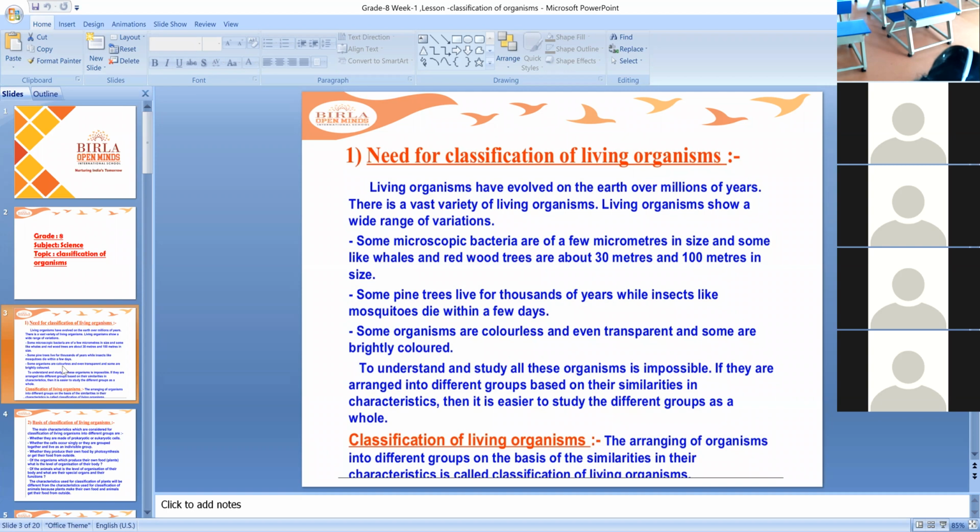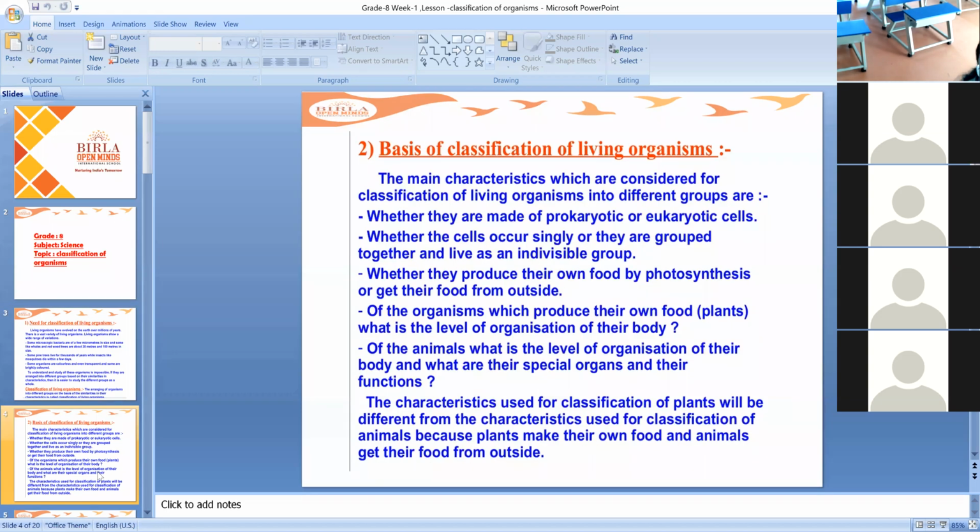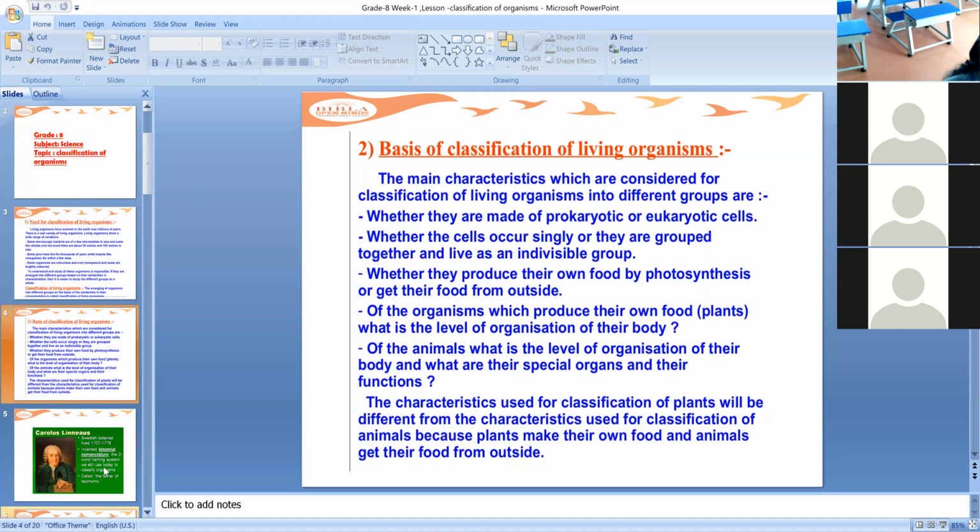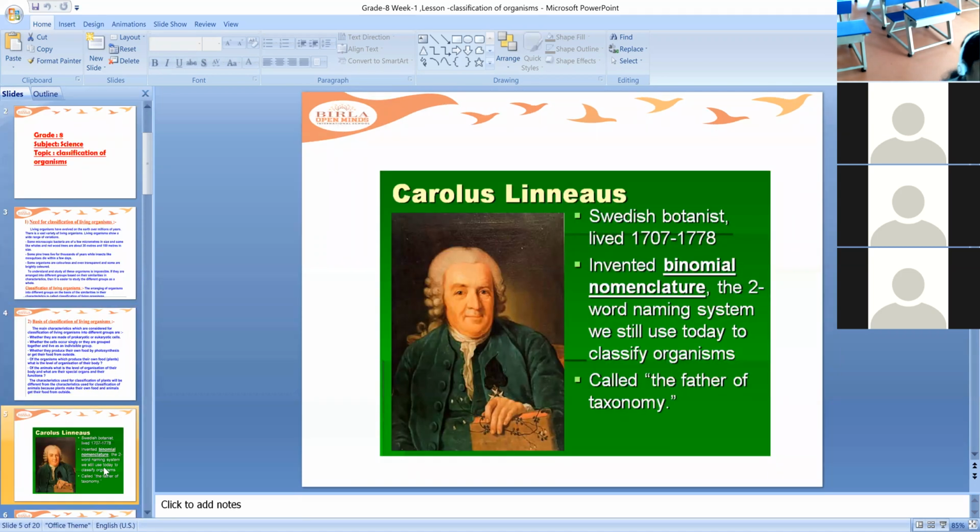The taxonomy was given by Carolus Linnaeus. Based on different characteristics of different animals, the scientists gave different classifications. Carolus Linnaeus was a Swedish botanist.